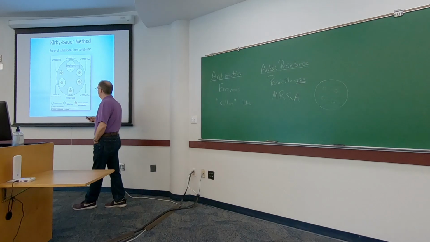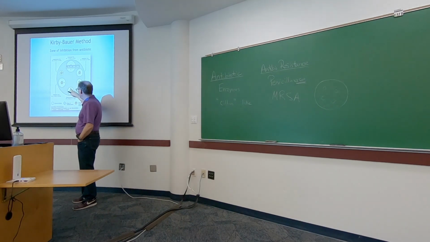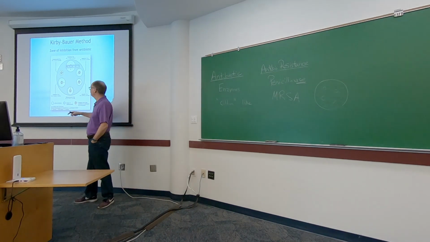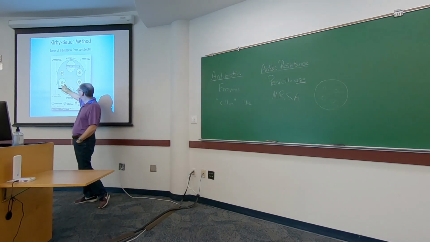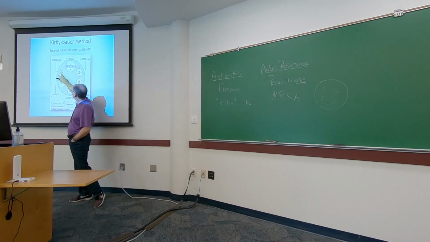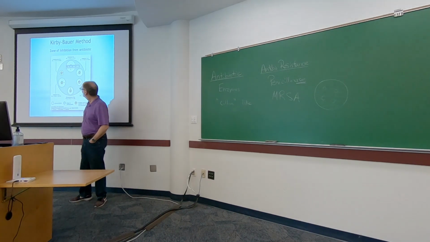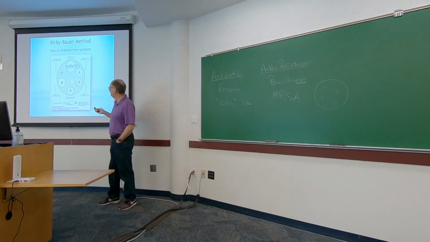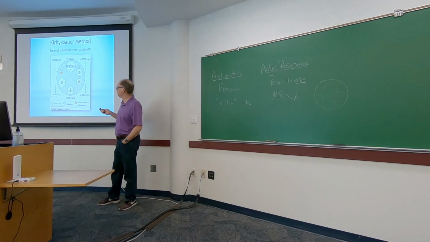This one is actually considered resistant because the zone of inhibition isn't big enough. But this one is big enough. Intermediate means it's in between. This one, oxytetracycline: the bacteria that grew on this plate is resistant to oxytetracycline.